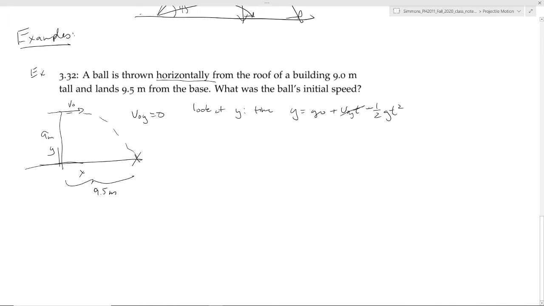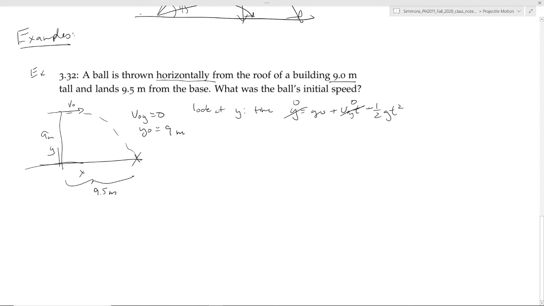So this piece would be 0. We know what the initial height was. And we also know what the final height is going to be. That will also be 0 because we've set our coordinate system at the ground. So then we can solve this situation for the time.